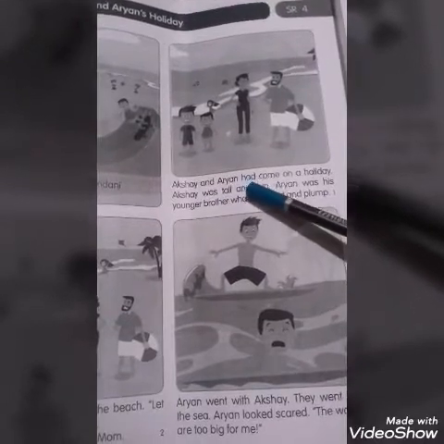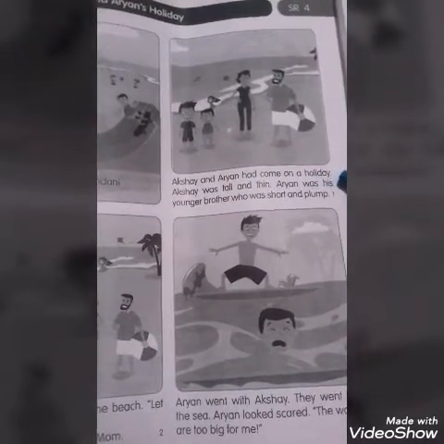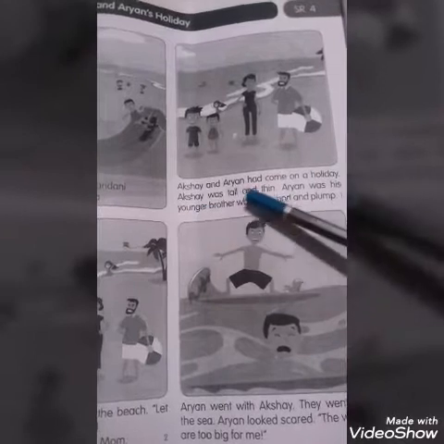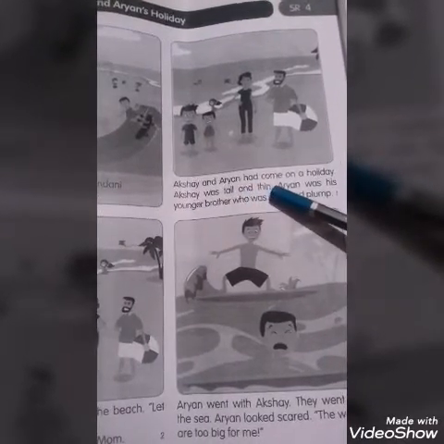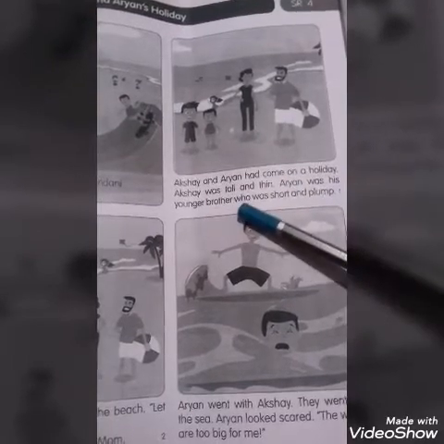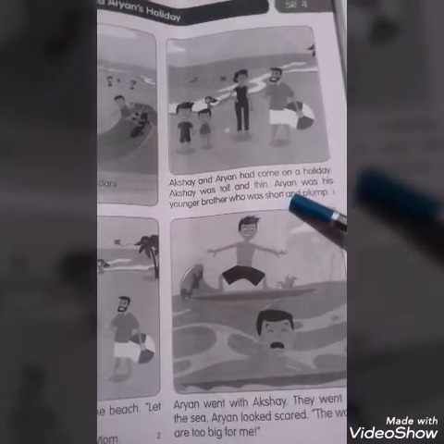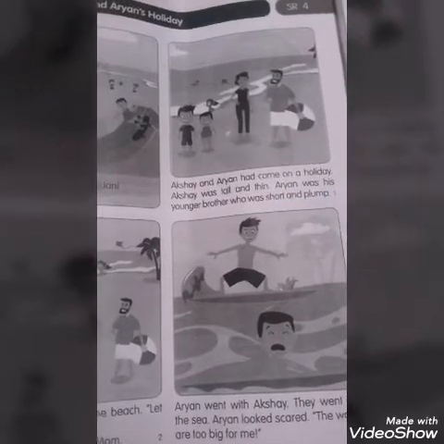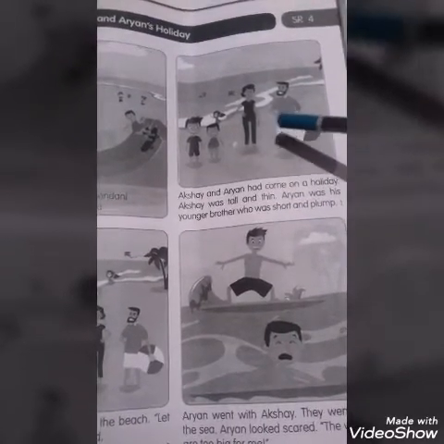Akshay and Aryan had come on a holiday. Akshay was tall and thin. Aryan was his younger brother who was short and plump. Okay, look at the picture.